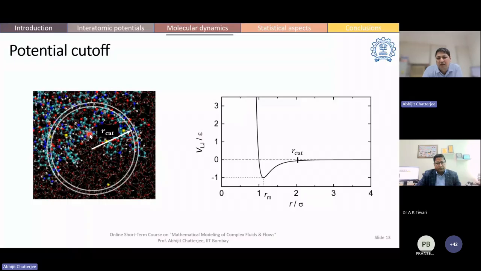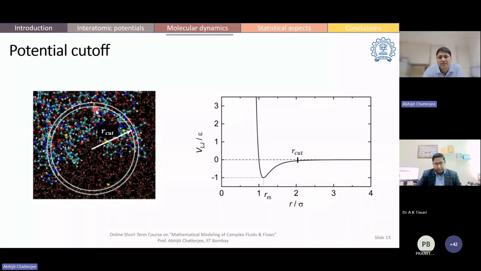As we move further away from the center position, the interactions are going to decay. Beyond a certain distance, the interactions are way too feeble, and there is really no point in including those terms because they're not going to contribute to the total potential energy of the system.